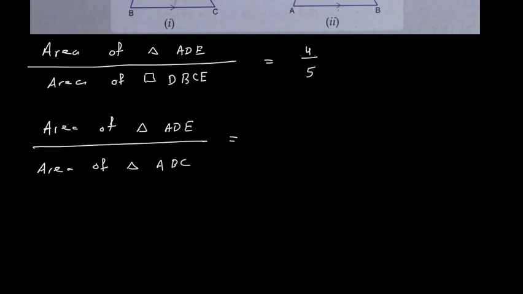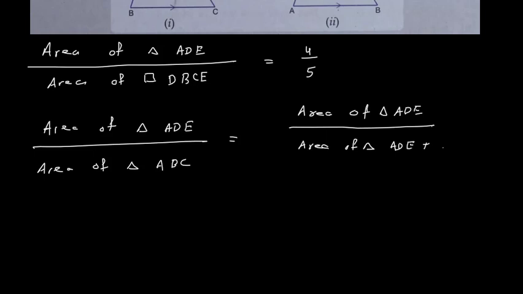I will split this ABC into two parts: one is area of triangle ADE, plus the other part is area of trapezium DBCE.